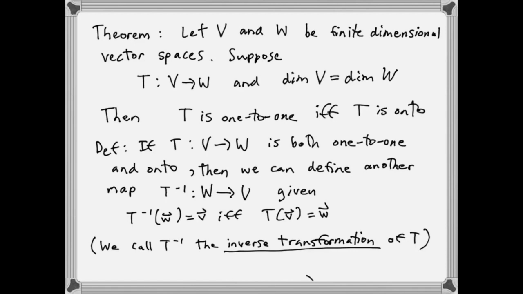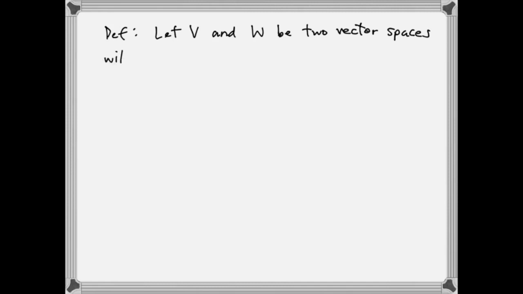So definition. Let V and W be two vector spaces with the same scalars. Okay. In other words, either they both have scalars from the reals or they both have scalars from the complex numbers.